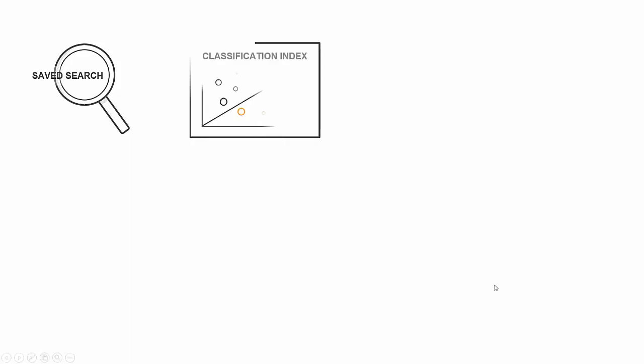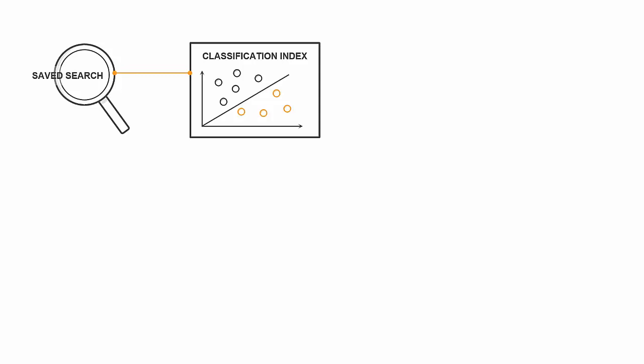As far as the components that make up an active learning project, there aren't that many. We tried to keep this fairly streamlined, easy to understand, and easy to set up. You're going to start with a saved search. That's going to define the set of documents that you want to be part of your project. You're going to build what we call a classification index.